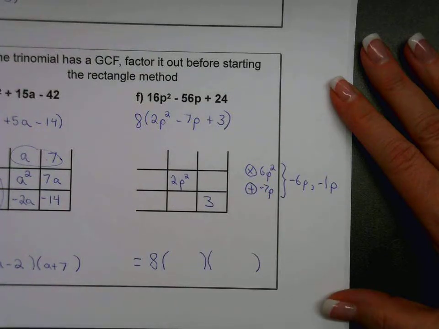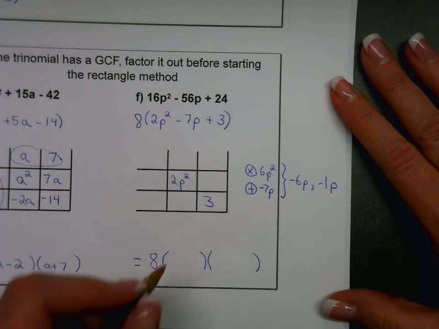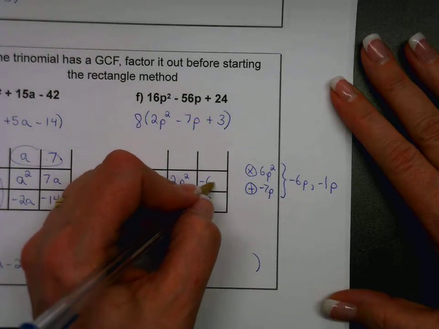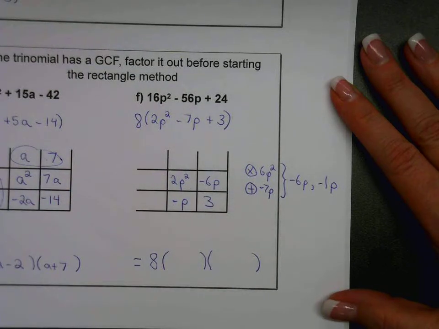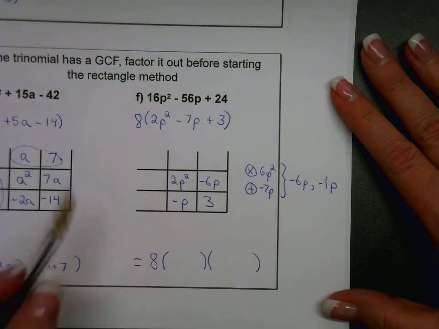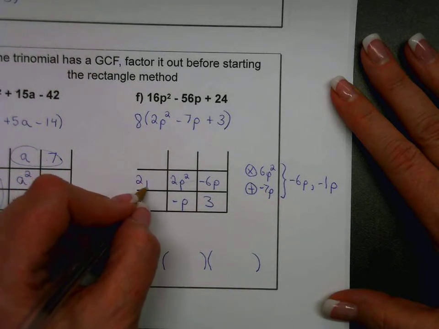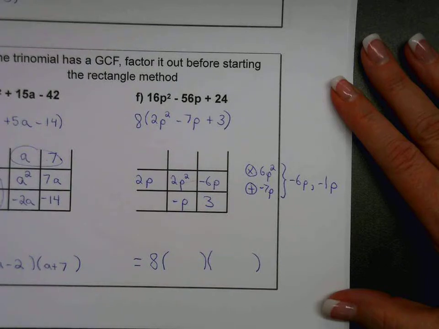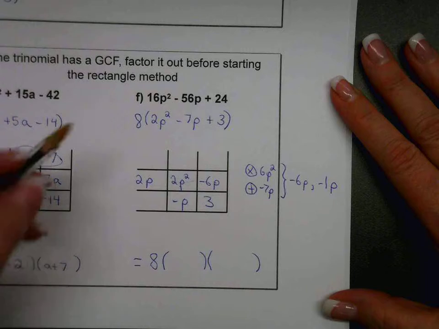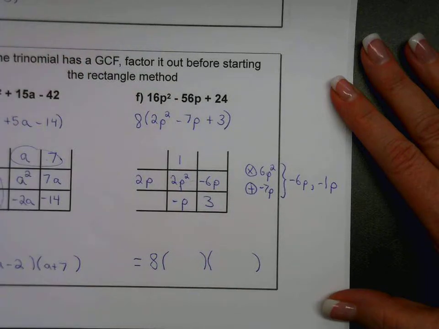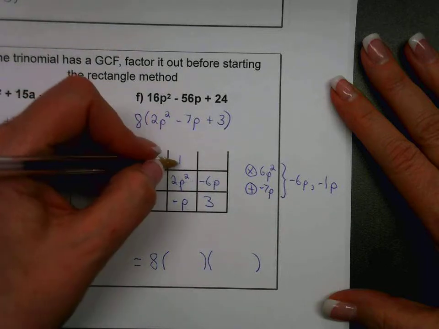You can write the -1p just as a -p if you prefer. So I'm going to place the -6p here and just a -p at the bottom. The greatest common factor in the top row is both a 2 and a p. To get the 2p squared, I'd have to multiply the 2p by a 1p.